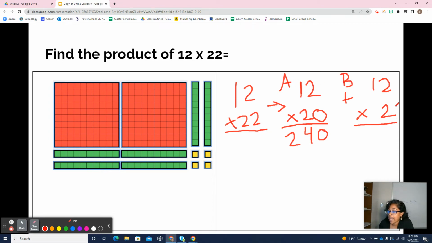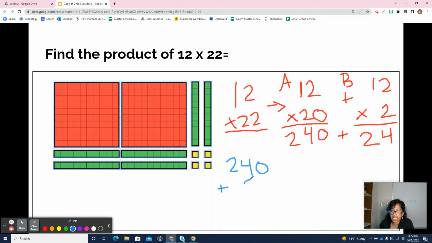We are now going to multiply 12 times 2. So 12 times 2 is 24. Now we have to make sure we add both Chapter A and Chapter B. So I'm going to change the color, and we're going to add 240 plus 24.